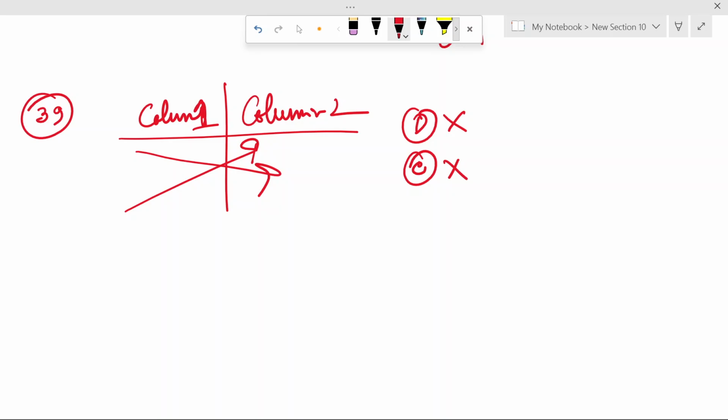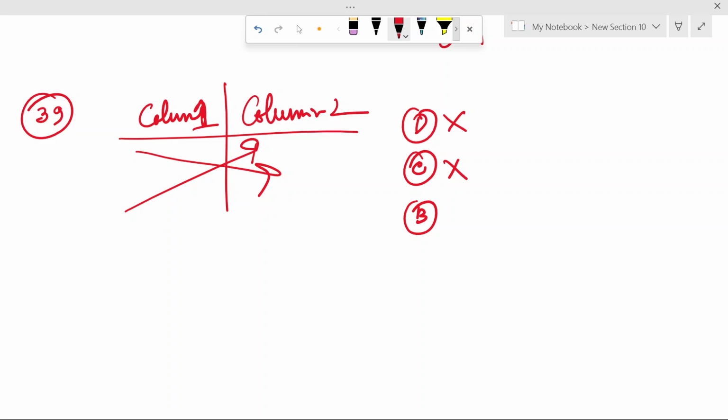Let's look at option B. Can it be correct? Visible light is used for the photoelectric effect and P, option P, which is transition between core energy levels of atoms. Okay, I assume that option P is right. Then let's go to 2, that X-rays are used for crystal structure determination. It is also correct.